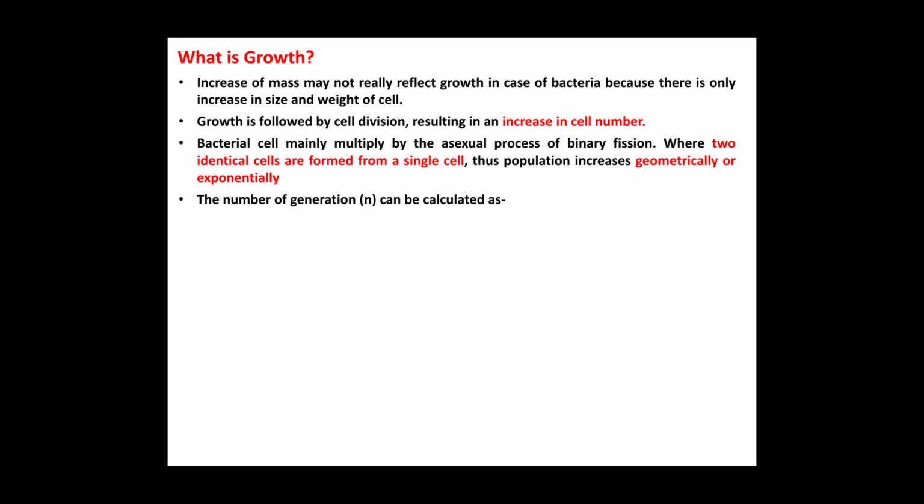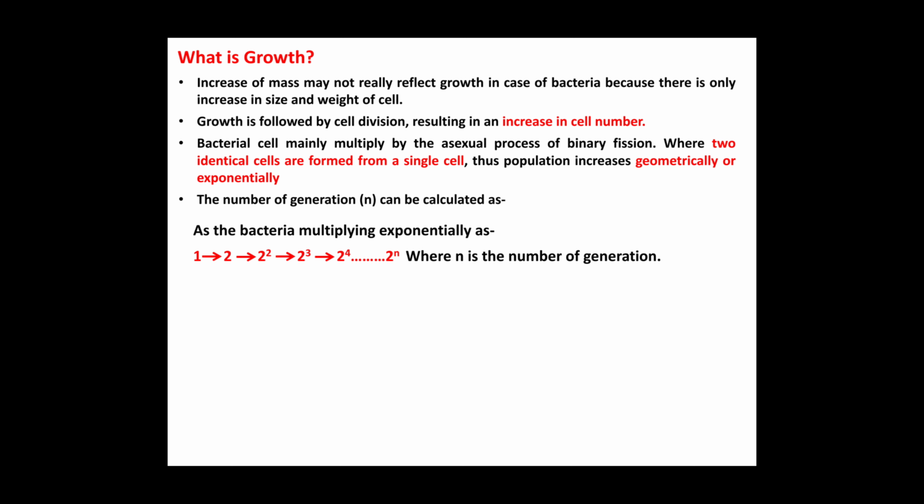The number of generations, denoted by the letter n, can be calculated as follows. As I said, bacteria multiply exponentially: from one cell we get two cells, from two cells we get four cells, and from four cells we get 8 cells. This multiplication will go on up to 2 raised to n, where n is the number of generations, and we have to calculate that number of generations.